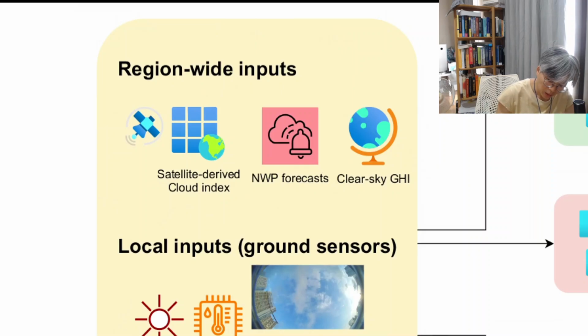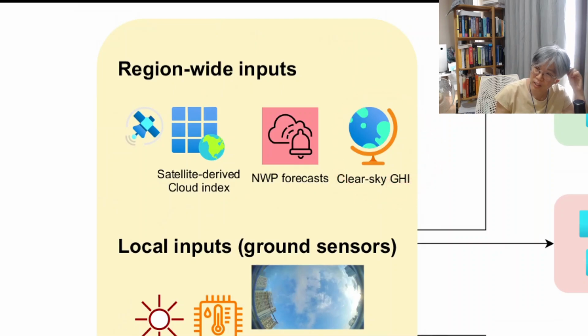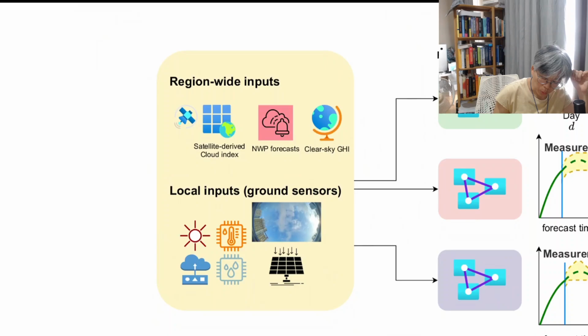This is a mathematical model that ends up as maybe a certain number of lines of code. So this is something you can synthesize at any location, any time of the year. This is region-wide. Suppose you have access to these variables.